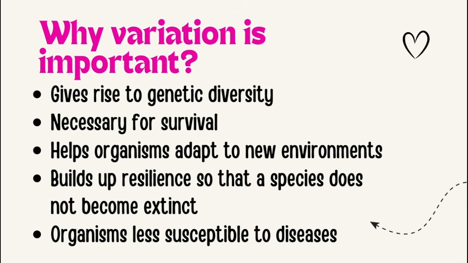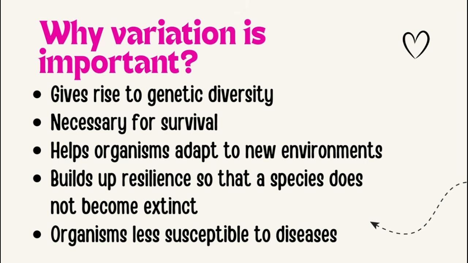With asexual reproduction, if we have a flower that reproduces asexually, it creates a bunch of offspring just like that. Let's say that flower is susceptible to a particular disease, and it has like 20 offspring exactly like it. If that disease can kill the parent, it will kill off the entire 20, right? And that puts the species at risk for extinction because they can't adapt to the environment.